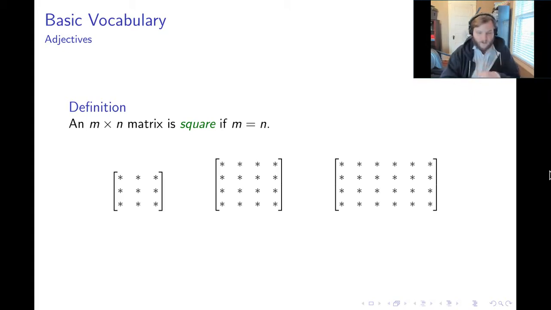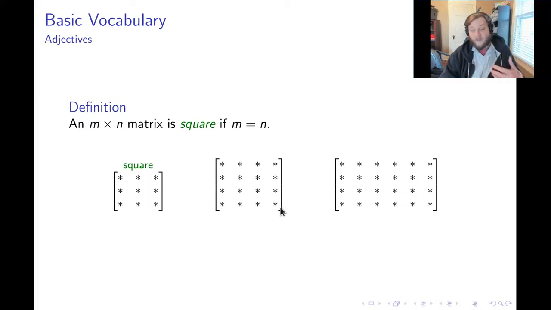Here are just 3 shapes that one might encounter for a matrix. In our first example, we're referring to a generic shape that a matrix might take. In this generic shape, the number of rows is 1, 2, 3, and the number of columns is 1, 2, 3. So here we're looking at a 3 by 3 matrix. The number of rows equals the number of columns, so it's appropriate to call this matrix square. In our middle example, the number of rows is 4, and the number of columns is 4.